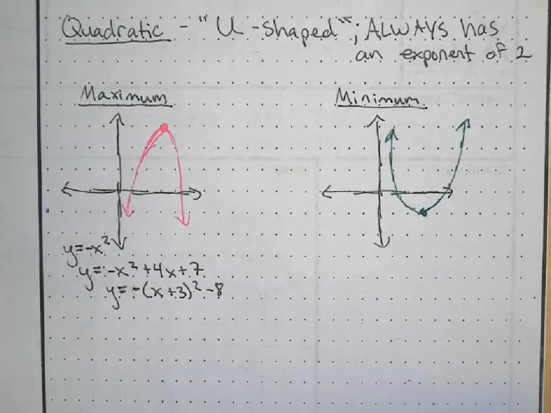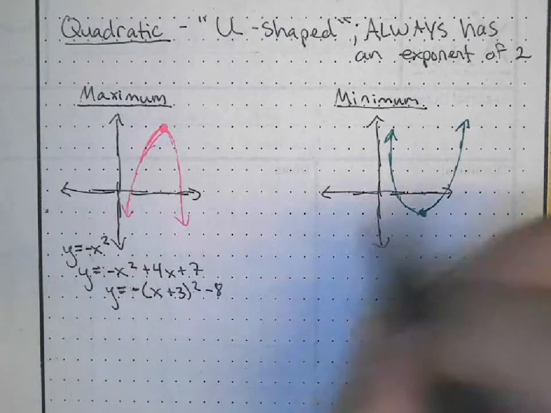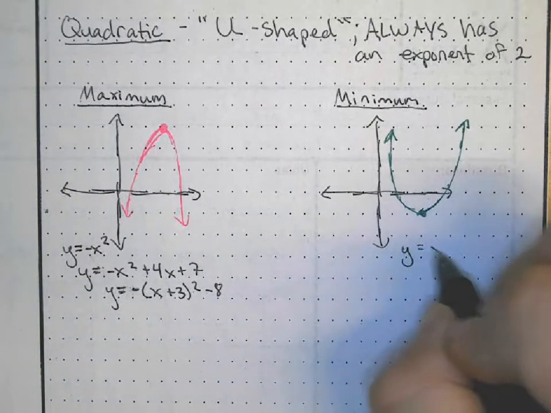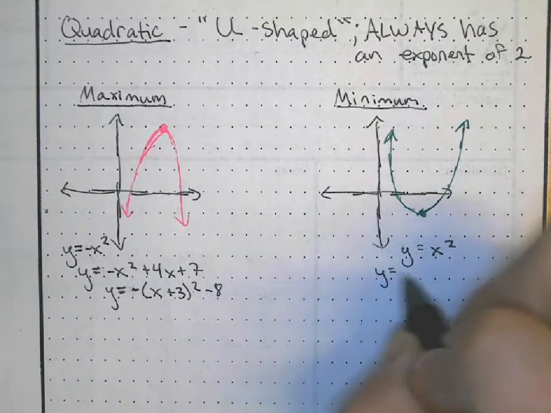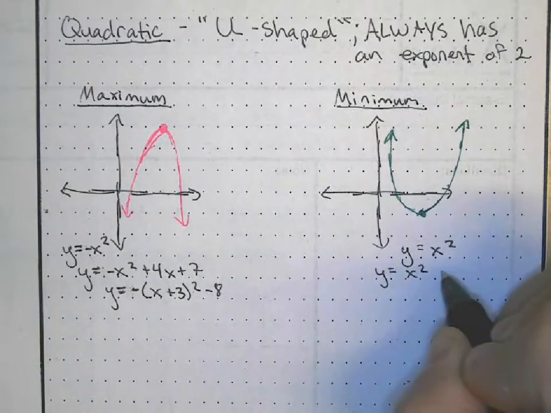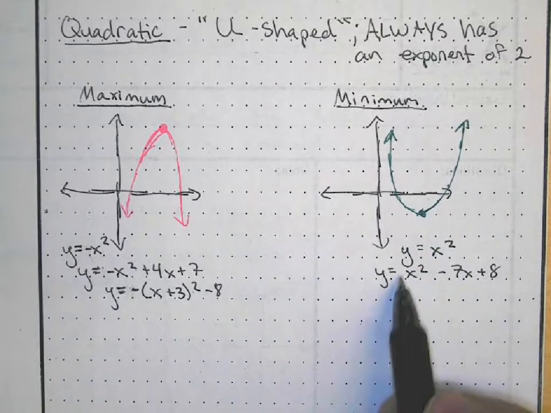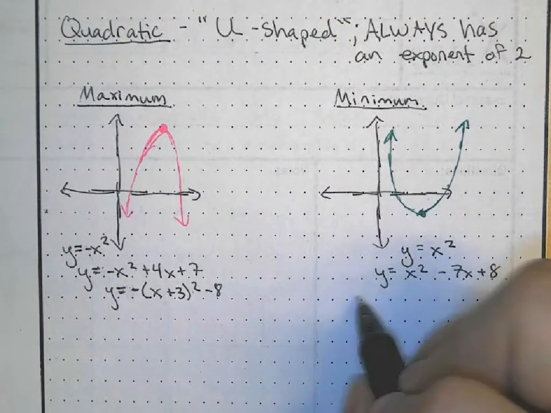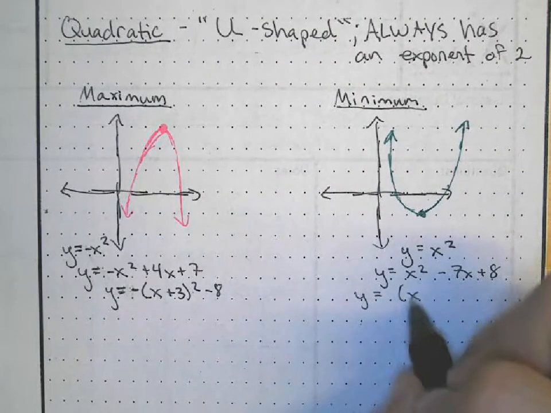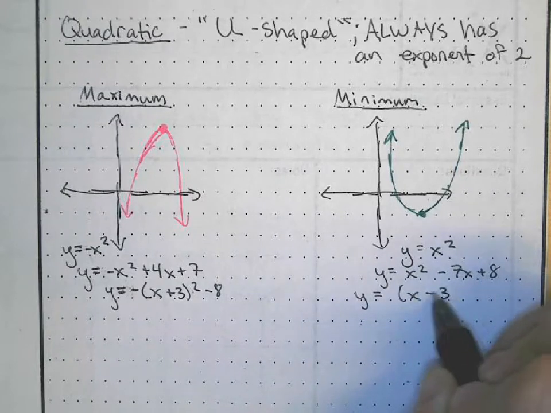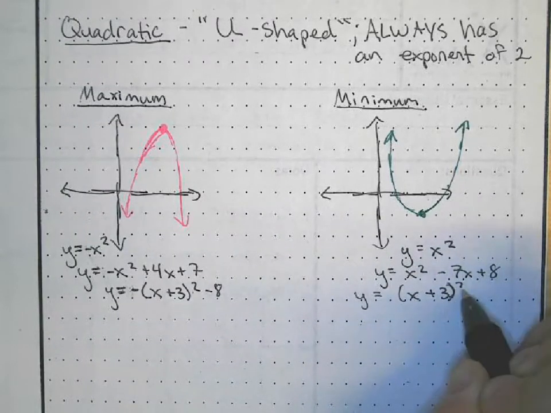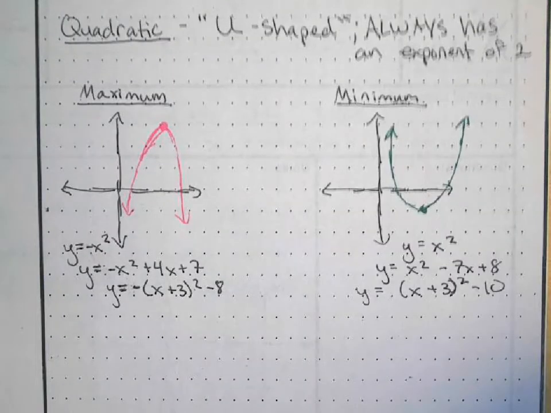And then I have equations where all my x values are positive. So I could have y equals positive x squared, or y equals x squared minus 7x plus 8. So I need that x squared part to be positive. Or I'm going to have y equals (x plus 3) squared minus 10.